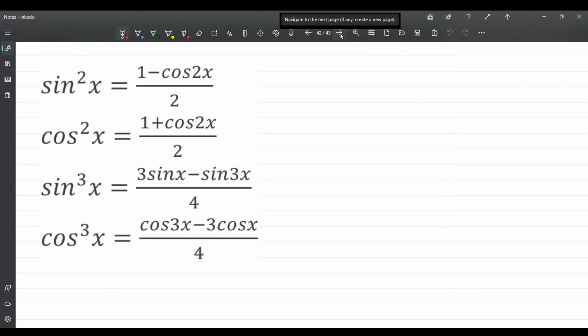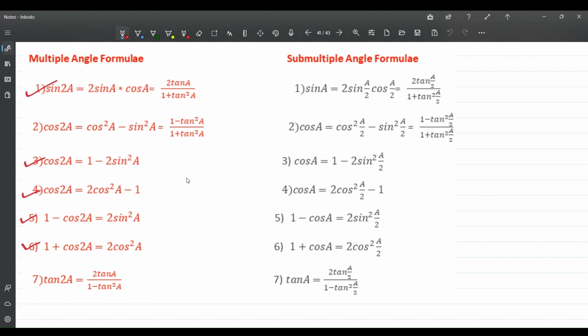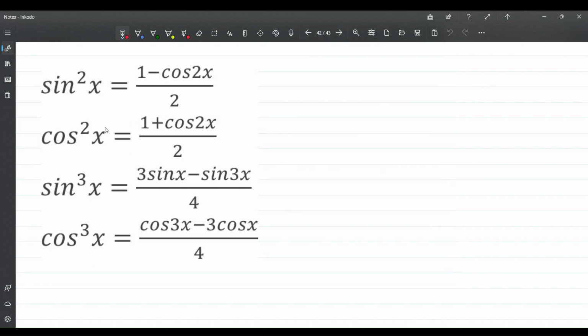You can see here 1 minus cos 2x divided by 2. Same, there is only a difference of alphabet. Similarly, cos square x. In this formula, you can see cos square a. Same thing, 1 plus cos 2a divided by 2. You can see 1 plus cos 2a divided by 2.